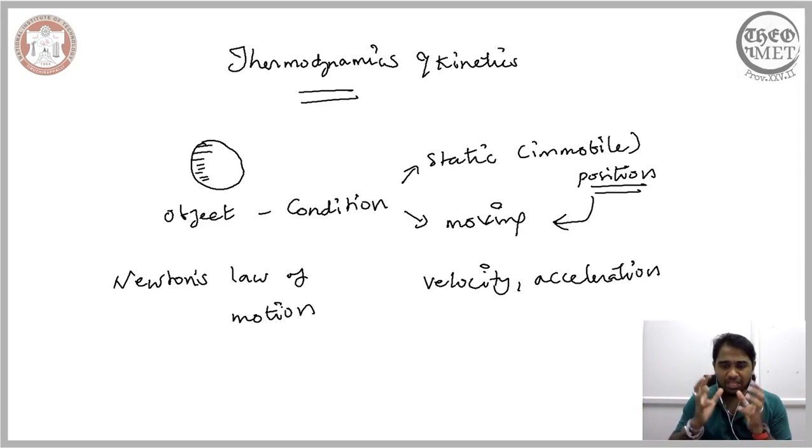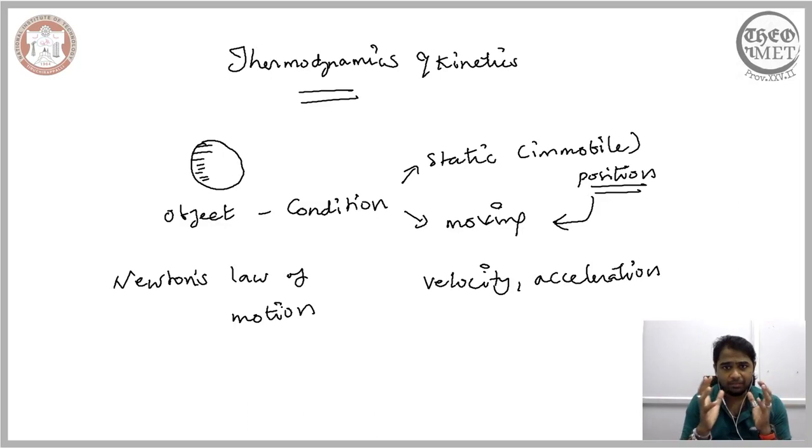Now, even though Newton's law of motion was a wonderful breakthrough, we were able to build on these fundamental laws that governed the static or mobile condition of an object, and the different variables associated with it. Based on these, we were able to discover and understand many things. For example, we were able to understand and postulate the planetary motions.